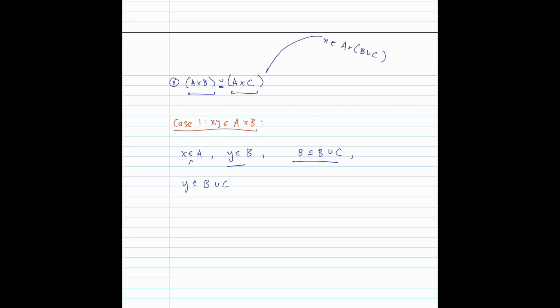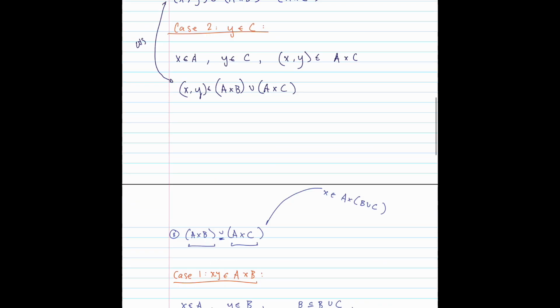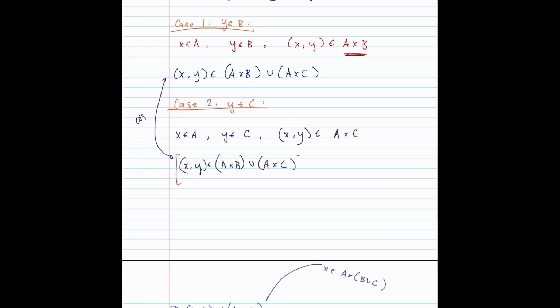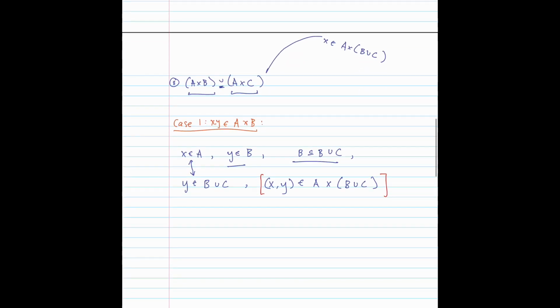So since we have X is an element of A and Y is an element of B union C, we could say XY is an element of A times B union C. Alright, so that's good for that case.